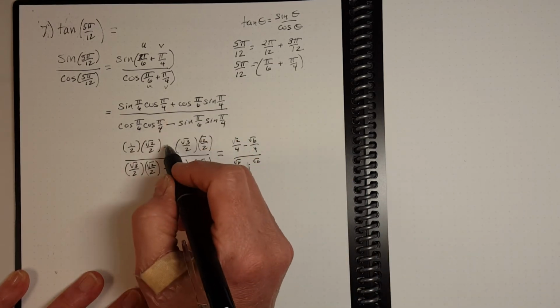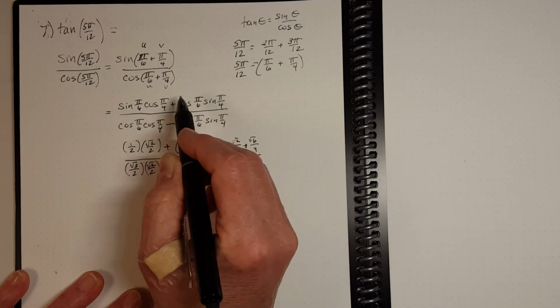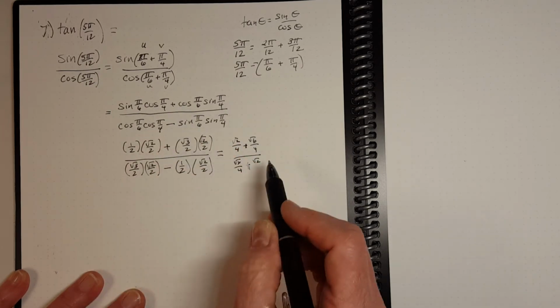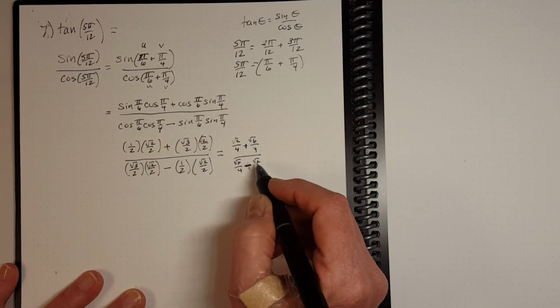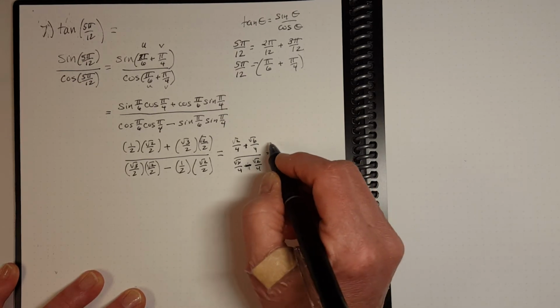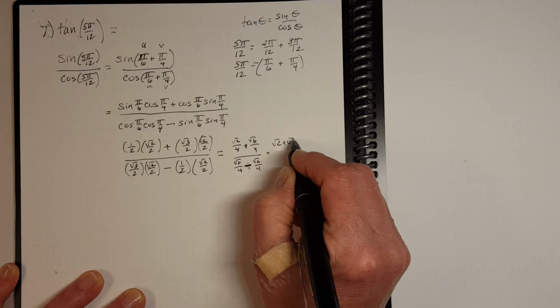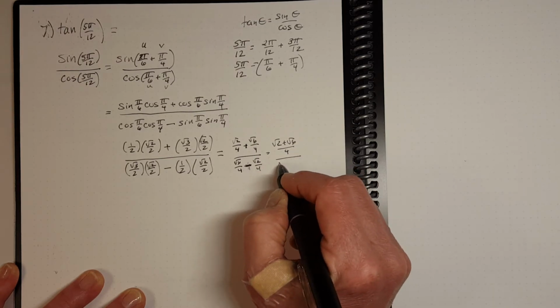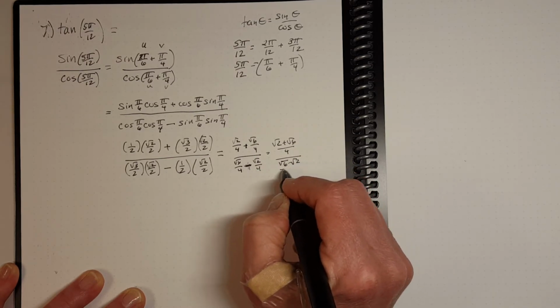Sorry, I knew there was a plus here. And the bottom becomes root 6 over 4 minus root 2 over 4. And that becomes root 2 plus root 6 over 4 over root 6 minus root 2 over 4.